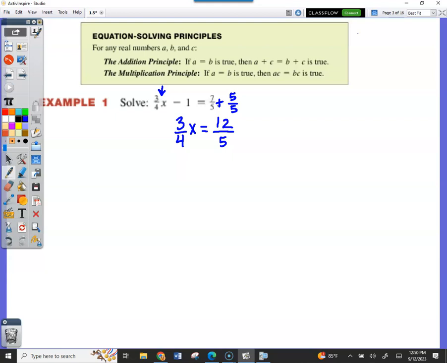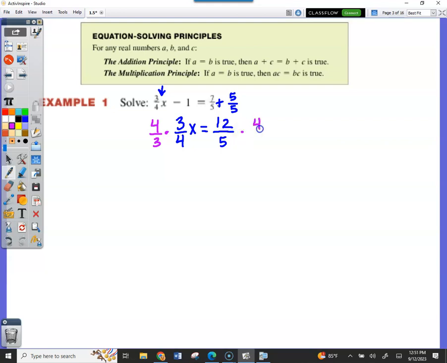It's that keep, change, flip concept. So just forget the whole dividing fractions part, because you never actually do that. Just know to say to yourself, okay, I need to move that, it's got to go. I'm going to multiply by the reciprocal, because that would give me 12 over 12, which is a 1, which means it's gone. It's understood to be gone.